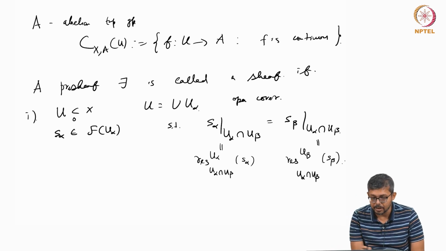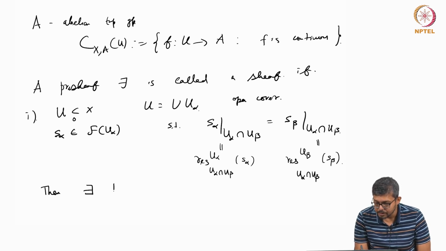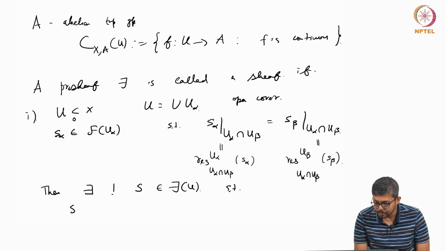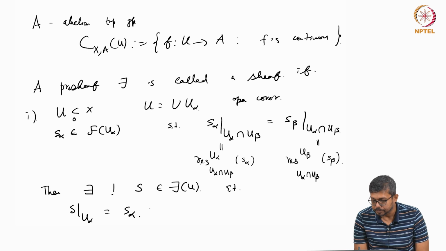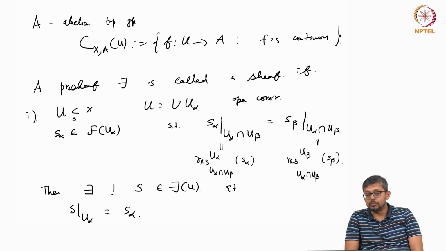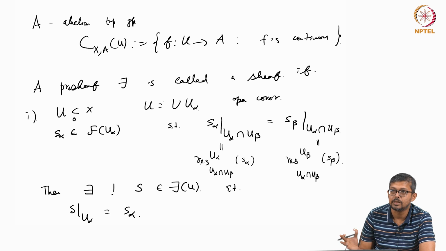If this happens, then there exists a unique S in F of U such that S restricted to U alpha is S alpha. So the above holds for all S alpha and beta. And for every open cover, when I write U is the union of U alpha, it means any cover. When I take an element S alpha, it means any S alpha.